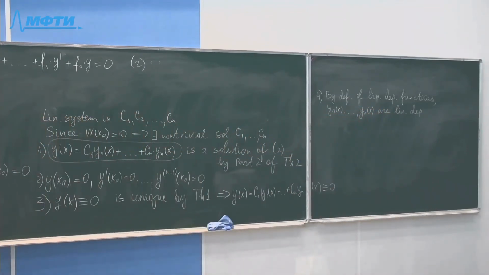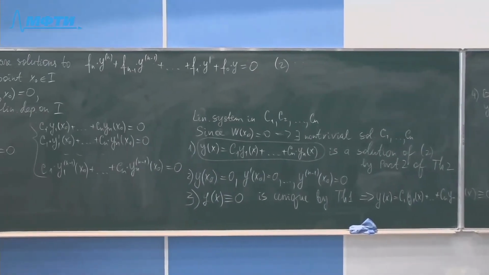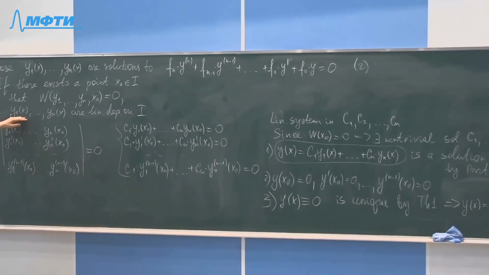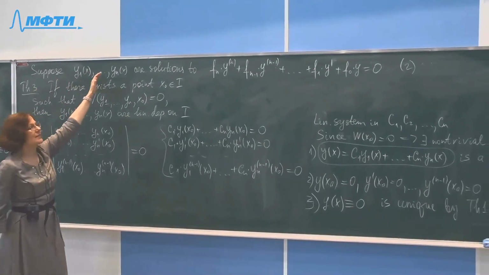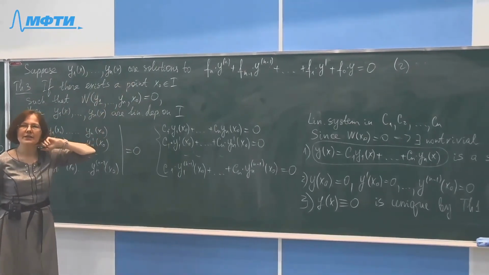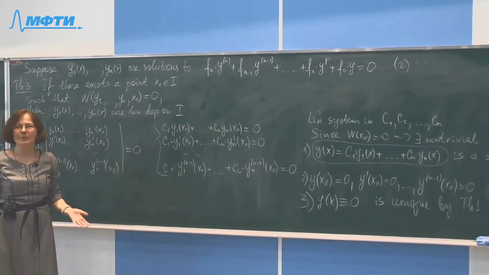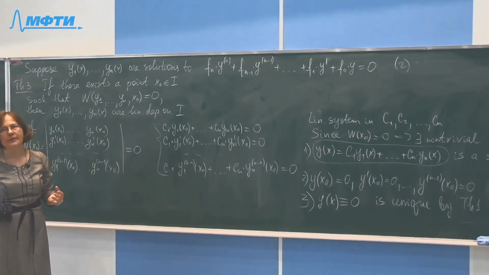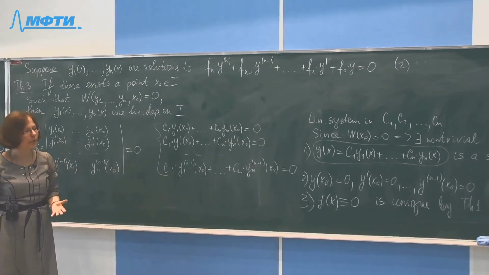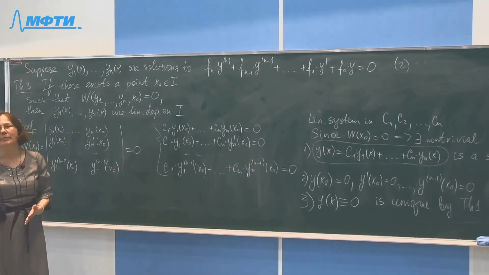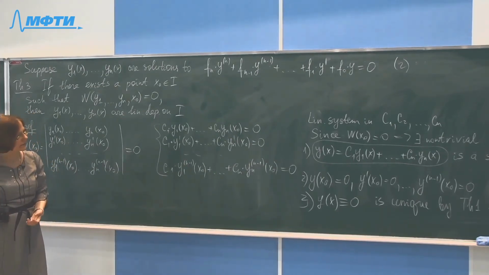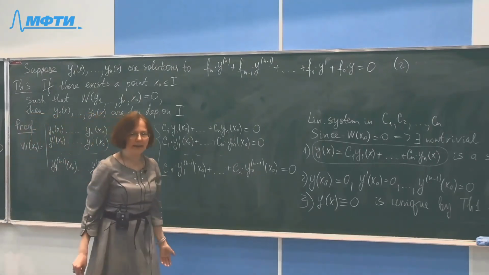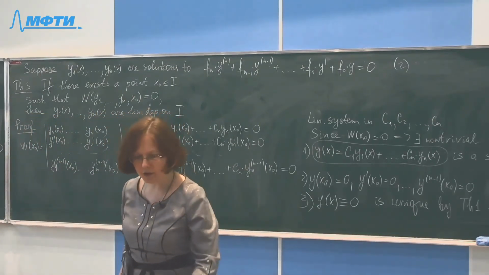But this is true only if these functions are solutions to the homogeneous differential equation. If the Wronskian vanishes at one point, then it vanishes at all the points and the functions are linearly dependent. So I can state this as a corollary.